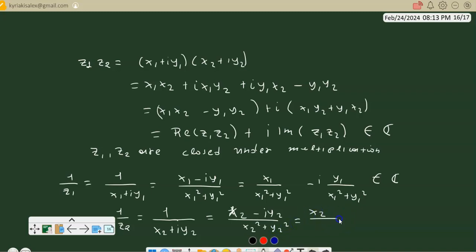So it's x2 divided by x2 squared plus y2 squared minus i y2 divided by x2 squared plus y2 squared. So 1 divided by z1 is also a complex number, a reciprocal, and 1 divided by z2 is also a complex number.